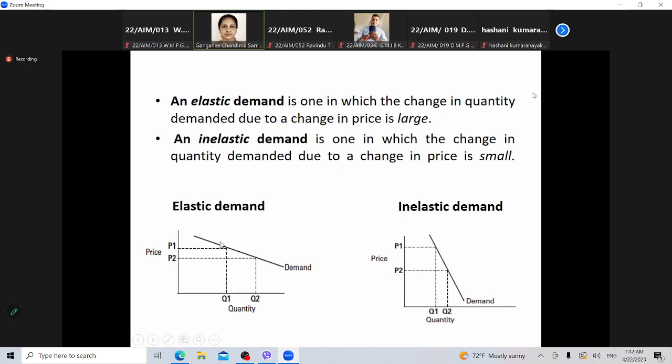So see the shape of the curve or line. If it is more or less parallel to the x-axis, you can see it is elastic. I told you a way of remembering as well. When we drag something parallel, it is like a normal elastic.